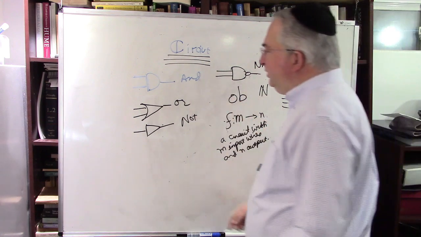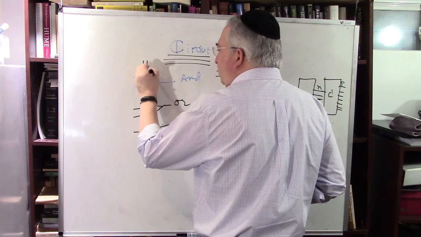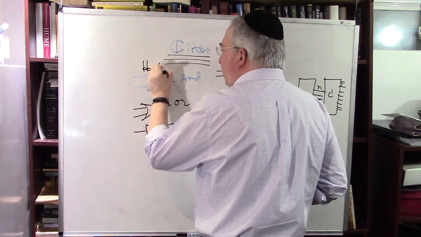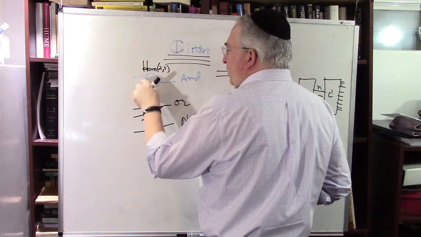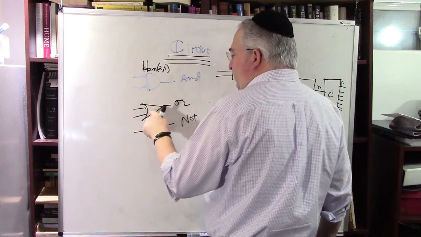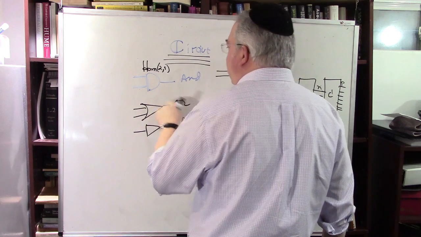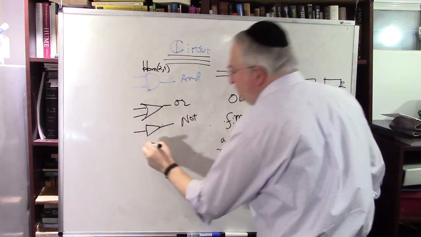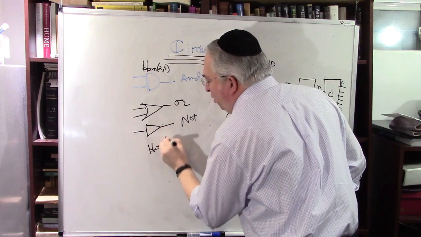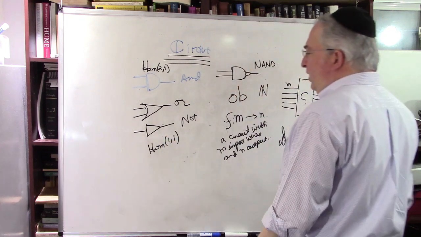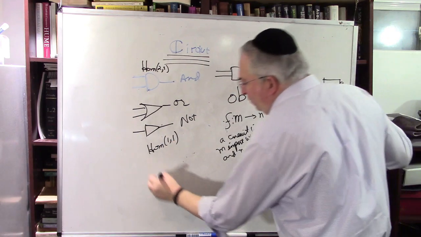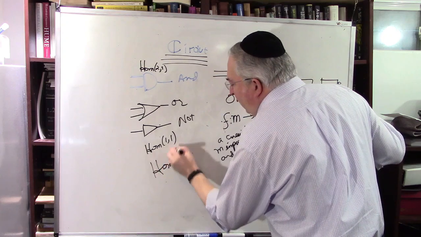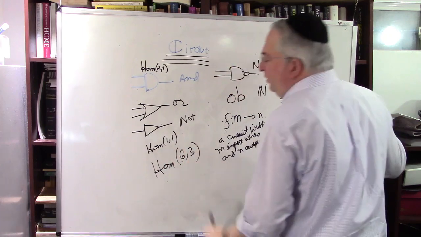I just want to look at these things. This is an element of Hom(2, 1): 2 inputs, 1 output. This is also an element in there. This is an element of Hom(1, 1). In the book, I have a nice big example with an element of Hom(6, 3), I think.